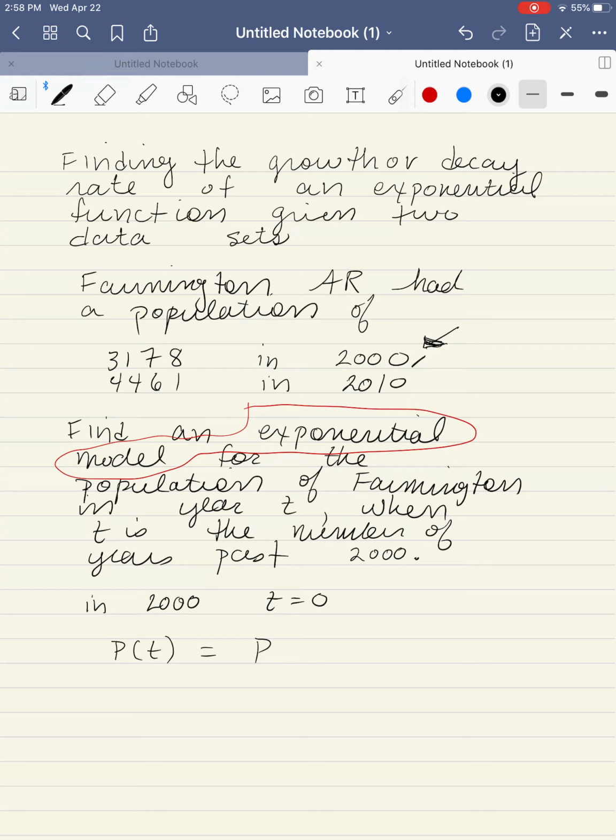So we know that our basic exponential model is P of T, or the population in year T, equals P sub 0, our initial population in year 0, e to the kt.